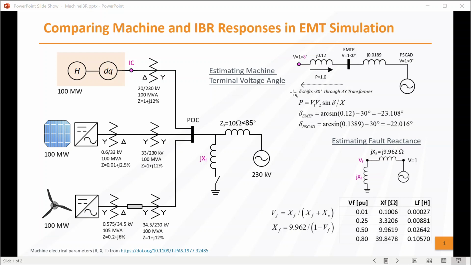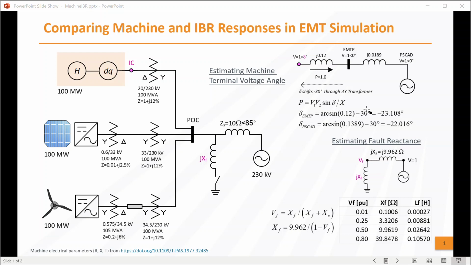We can solve that within a simplified equivalent circuit using this pretty well-known formula: P equals V1 V2 sine delta over X, where delta is the power angle across the reactance, so we're ignoring resistance there. V1 and V2 are approximately 1 per unit, so basically we can solve for delta.